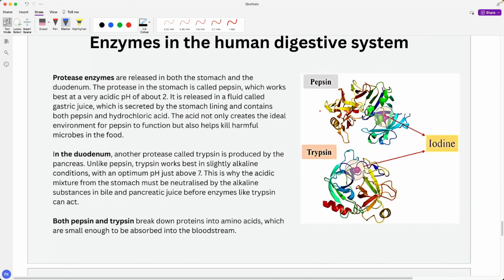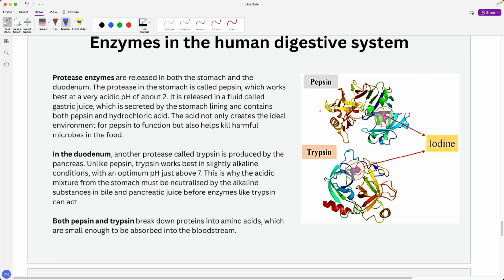Okay, so this pepsin enzyme requires a pH of 2 to function efficiently. The acid keeps the structure of pepsin in the right shape.